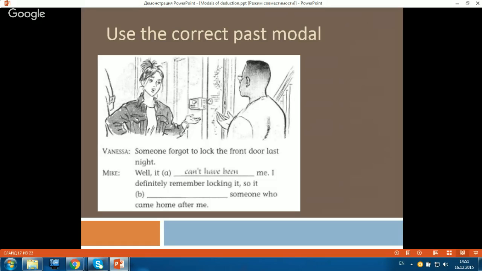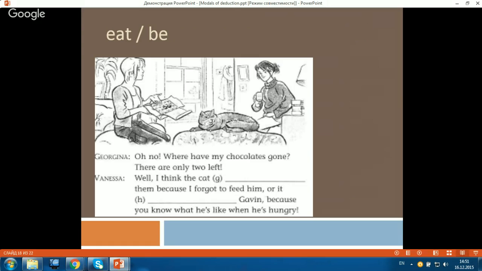I definitely remember locking it, so it must have been someone who came home after me. I will project you a little bit more pictures with some dialogues, and you will need to use the correct past modal. Some key verbs that might be used will be projected above the picture.